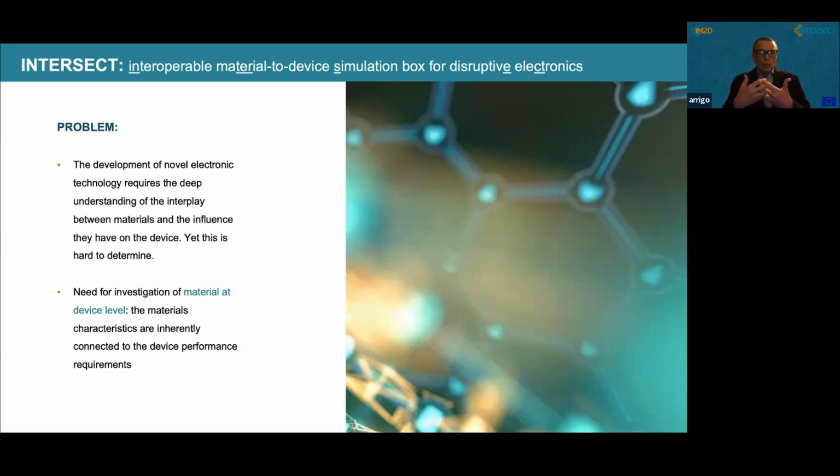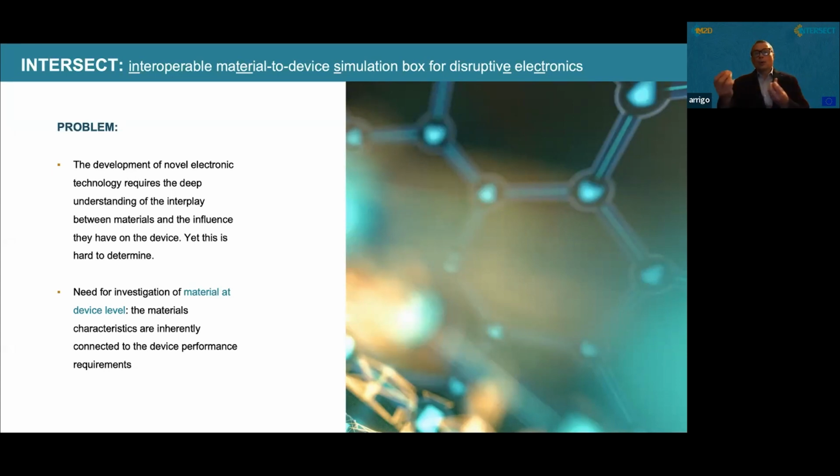What is in particular the problem that we would like to solve? The problem is the following. When you try to develop a new technology or new device, you have to co-design at the same time both the architecture and the structure of the device on one end, but also you have to optimize the material that composes this device.